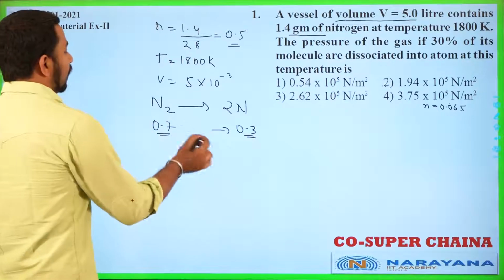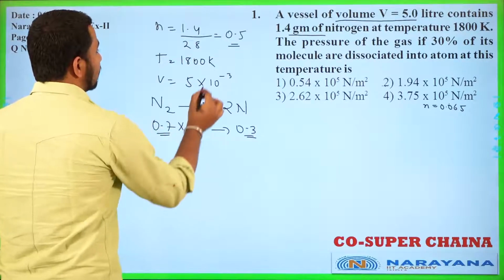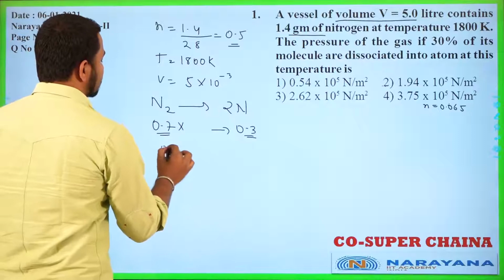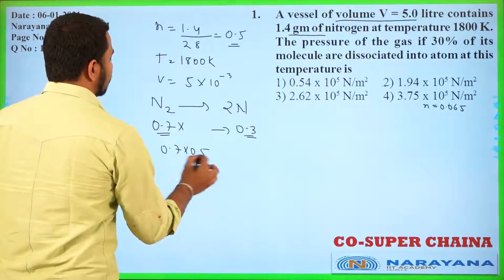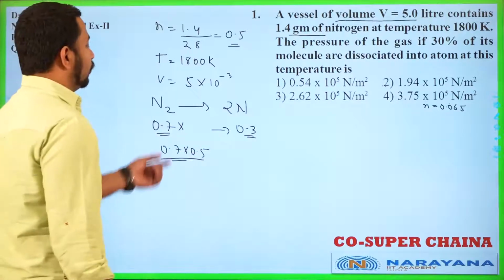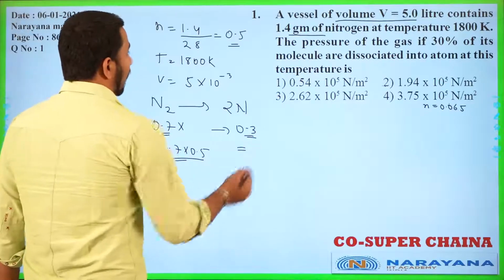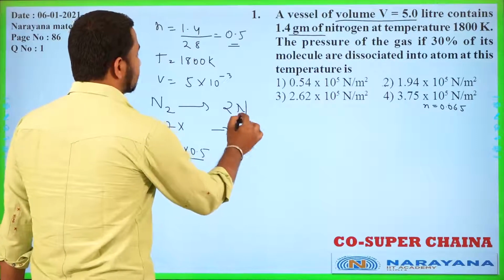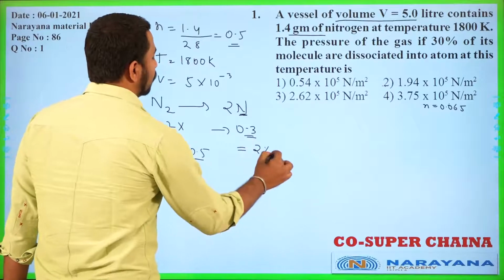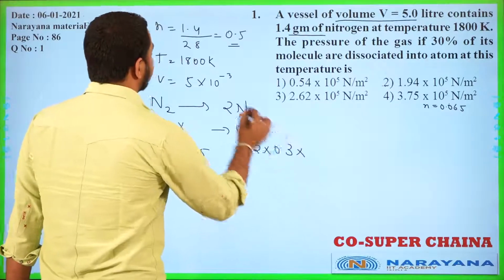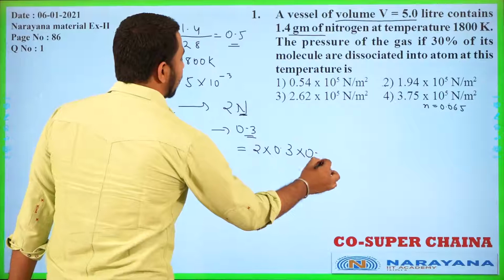So for N2, the number of moles will be 0.7 into 0.05. And for N, that is for the N atoms, it will be 2 into 0.3 into 0.05.